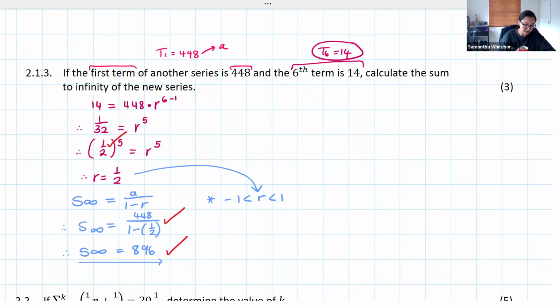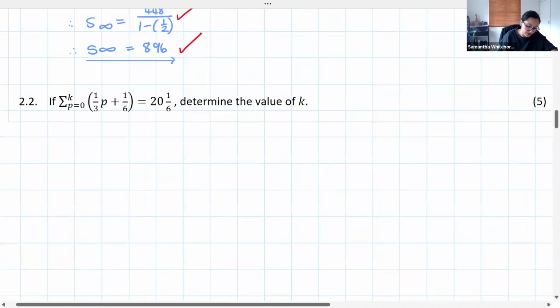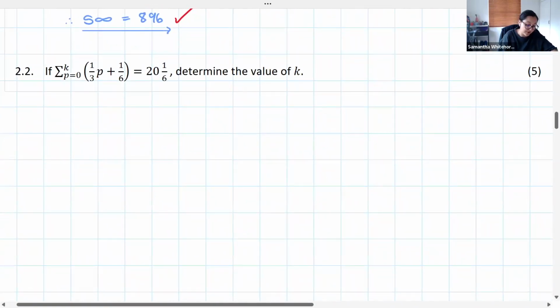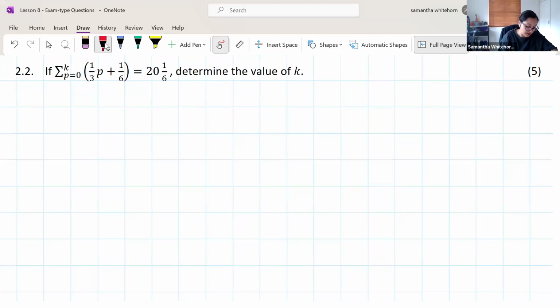Okay, now guys, the next one, my sigma went a little bit weird, so I'm just going to rewrite it so that we actually know what's plotting. Don't know why it went weird. All right, so 2.2 is a sigma question. It's for 5 marks. We'll deal with the mark allocation in a second.